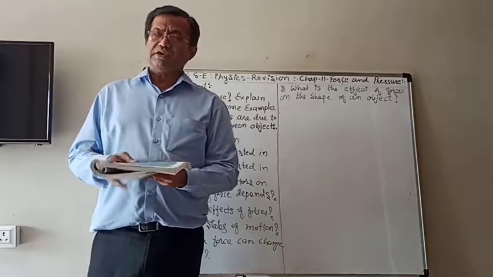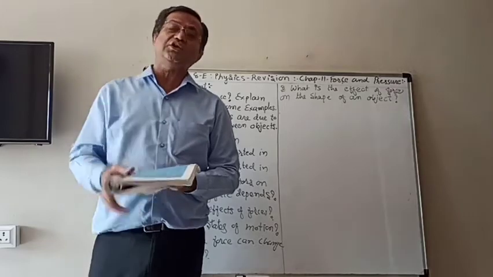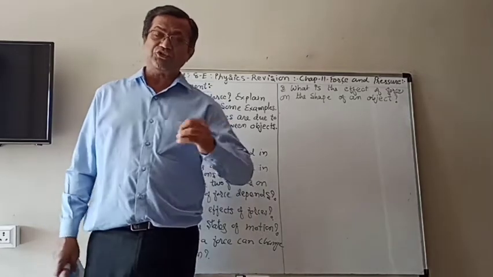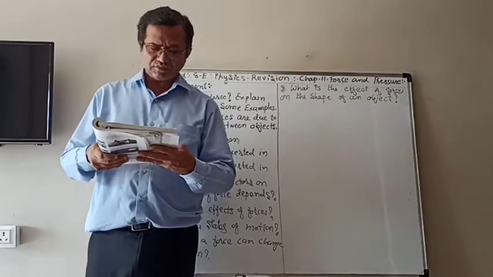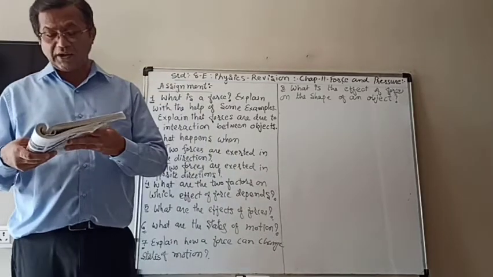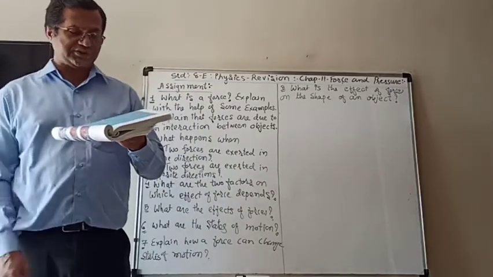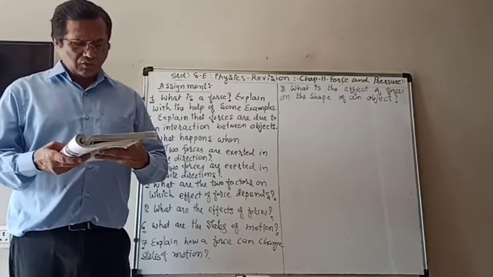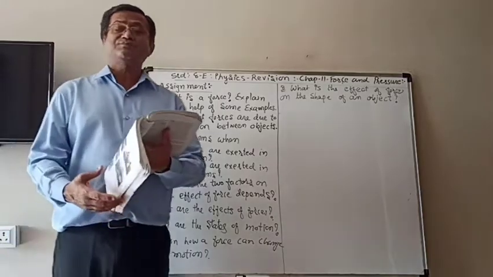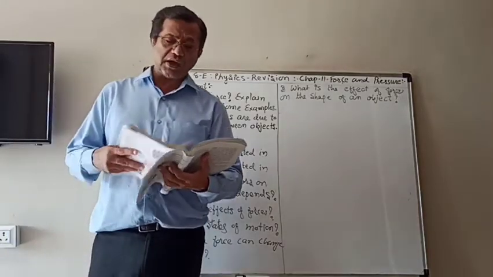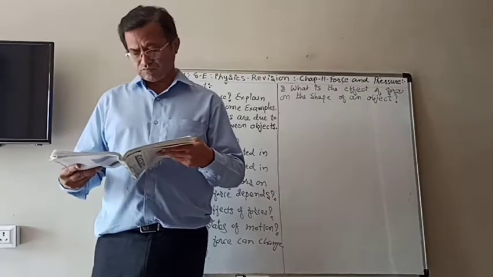So in science, as I told you, what is force? Force is an action which is either a push or a pull on an object. Now the question arises: how does force come into play?